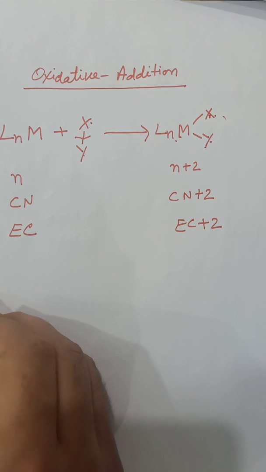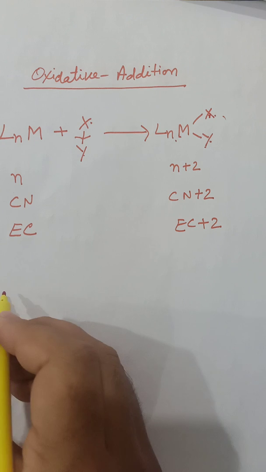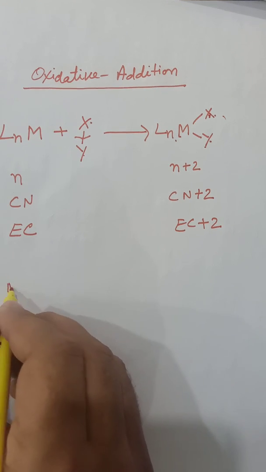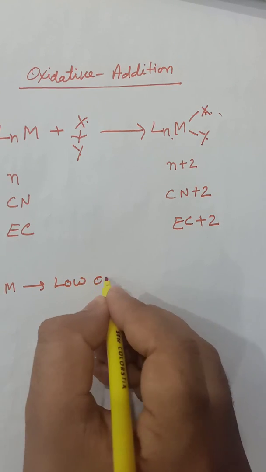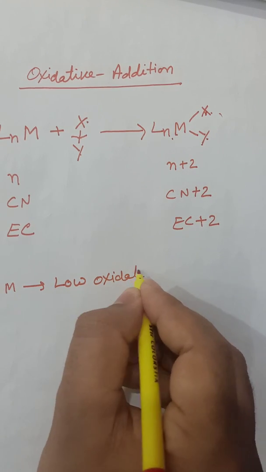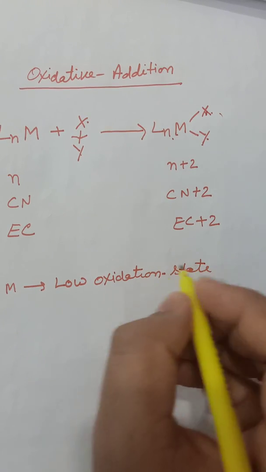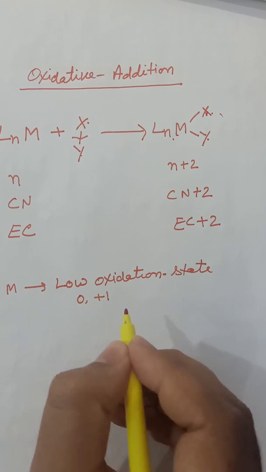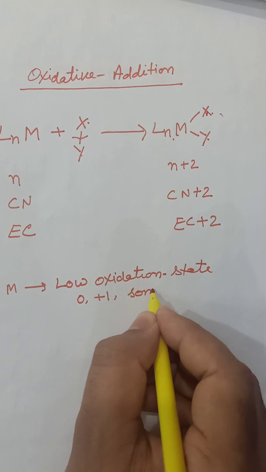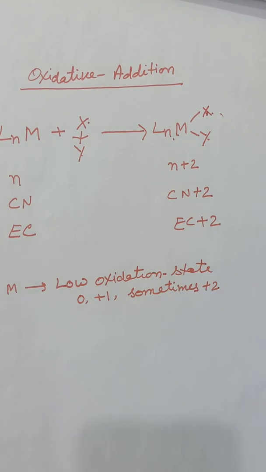The first rule is that the metal should be in a low oxidation state. That is, either it should be in 0 or +1, or sometimes +2 oxidation state.